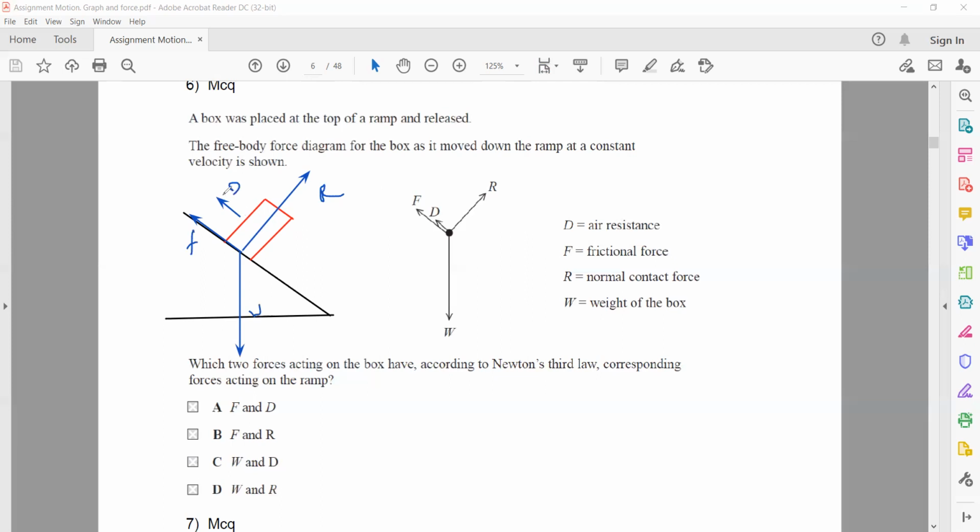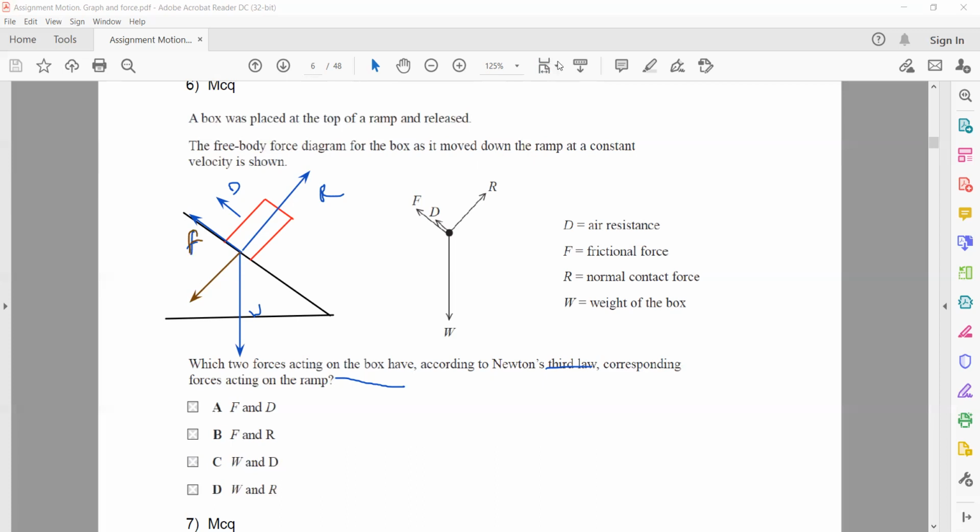So in the question they're asking which two forces acting on the box, according to Newton's third law, have corresponding forces acting on the ramp. So first thing, the weight, as it is acting downward, will have two components. The friction is denoted by capital F in this example.